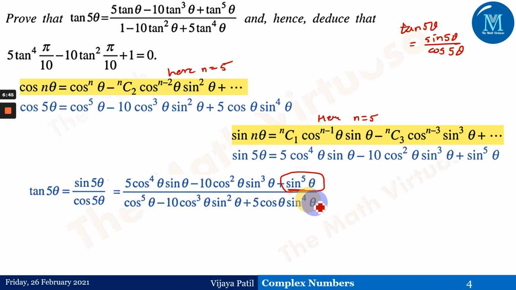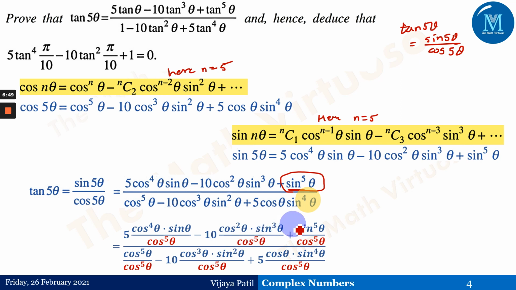So I have to multiply and divide by cos to the power 5 theta. At this stage we have done cos to the power 5 theta, divide and multiply for this particular term. After doing that, you will get each and every term like this, right?